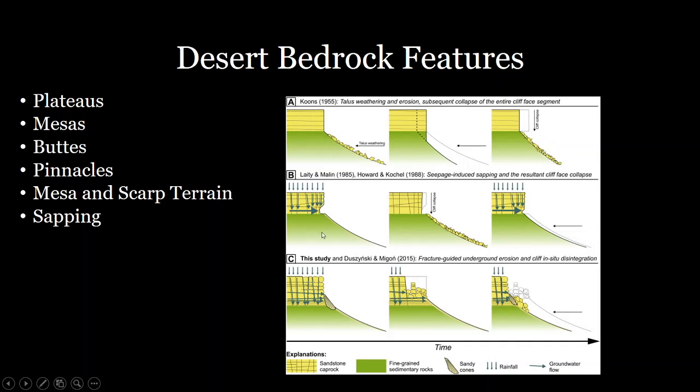Additionally, you can have a second process in which you have water seeping in and eroding away at the entire rock surface and slowly causing it to crumble and move back that way. So that's a number of different ways that we can form mesa and scarp terrain.